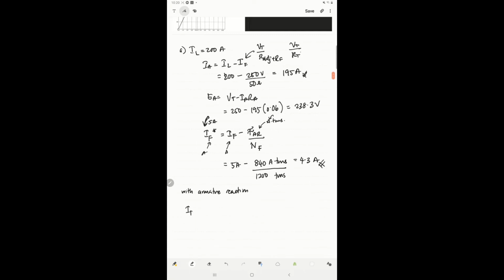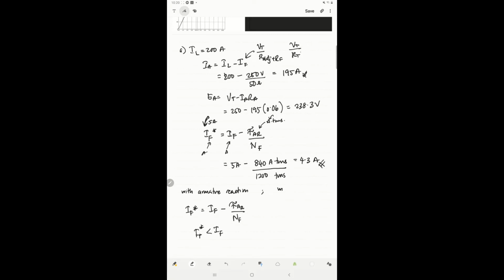The effective field current is actually IF minus the armature reaction divided by the number of field turns. Okay, so we will get lesser. So IF star is less than IF.